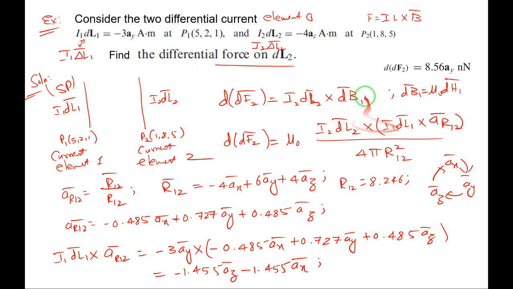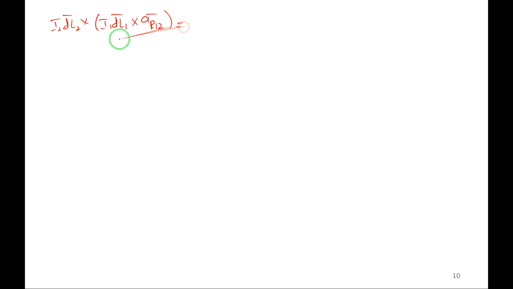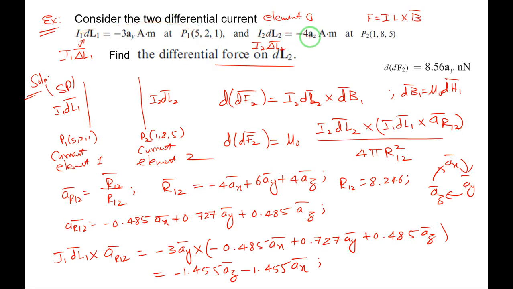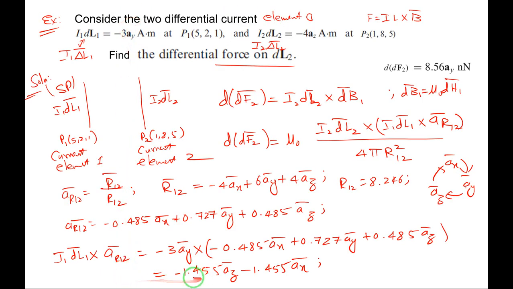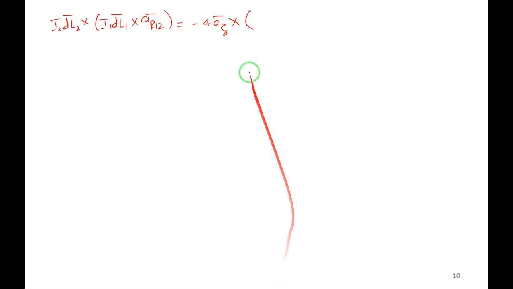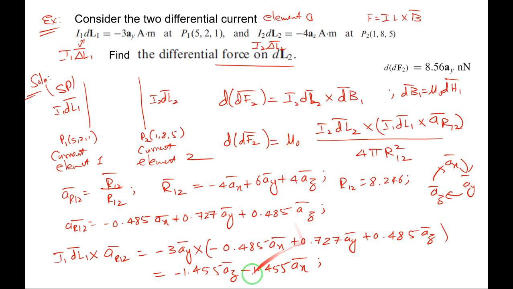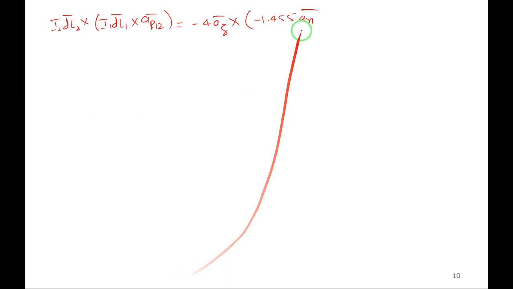What is I2 DL2? Minus 4 AZ. Then take the cross product with the one we have already found out. Let me write AX first, minus 1.455 AX, then AZ, minus 1.455 AZ.